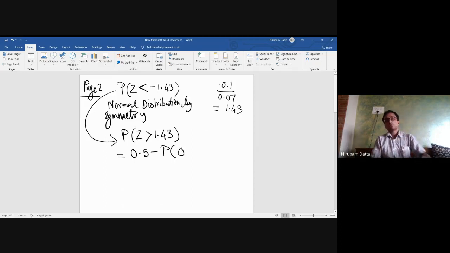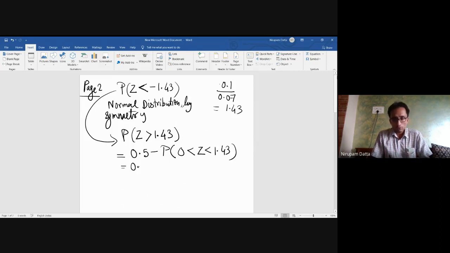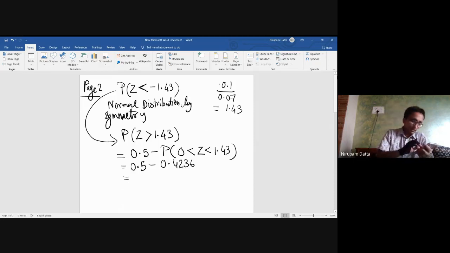I'll give you the notes on normal distribution in the next class. So we use a table: the value as per the book is 0.4236.